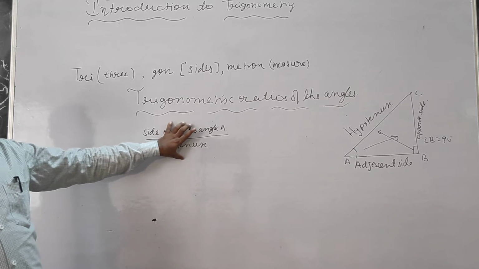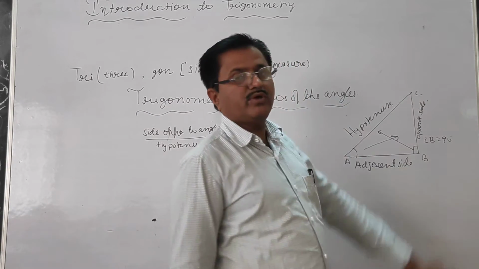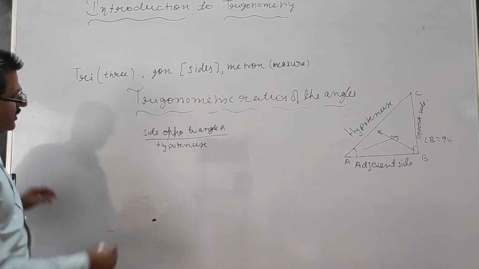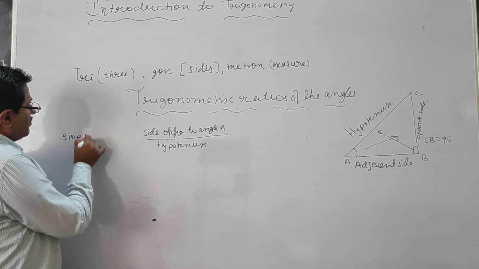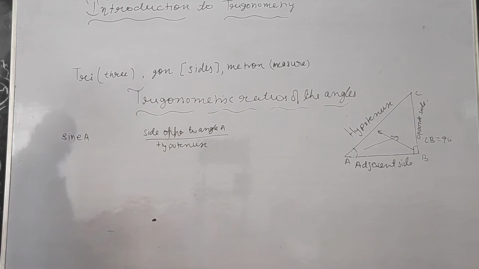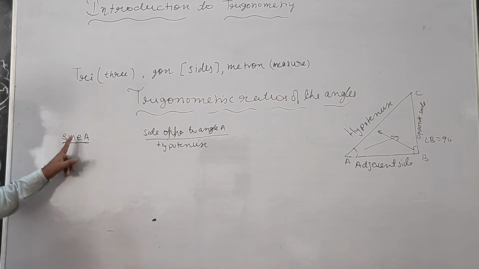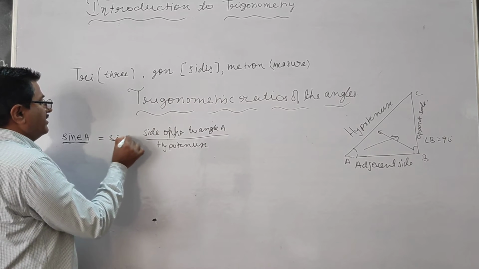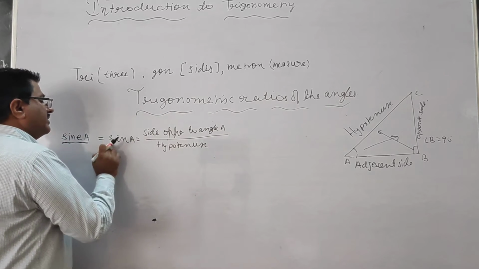Whenever you find the ratio of this side to this, we have already fixed the name: it is the sine of angle A. This we can read as sine of angle A, or in abbreviated form we write sin A. So this ratio is given a new name, that is sin A.